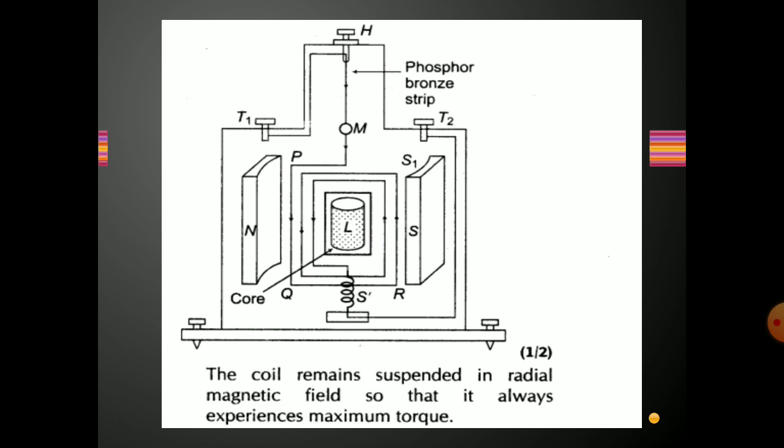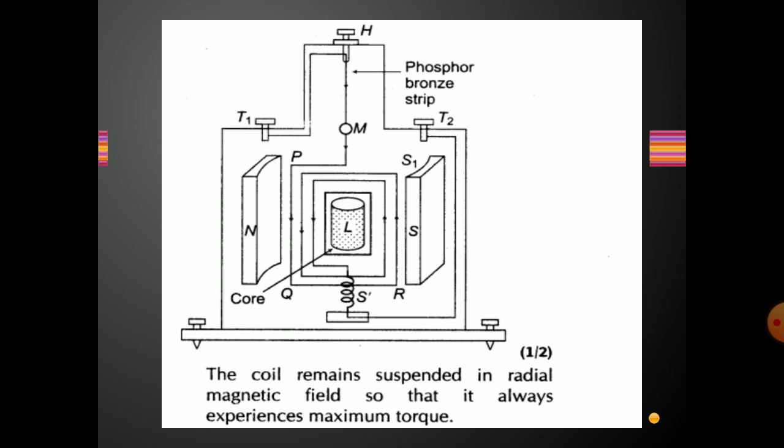Now here you can see a picture showing the concept of the moving coil galvanometer. Here you can see the torsion head and phosphor bronze strip, which is connected to terminal T1, and the other end of the coil is connected to T2.